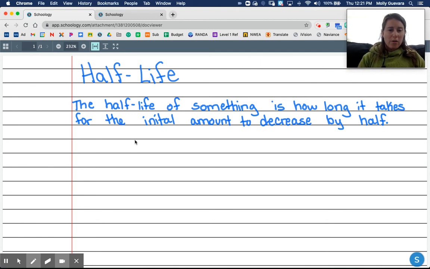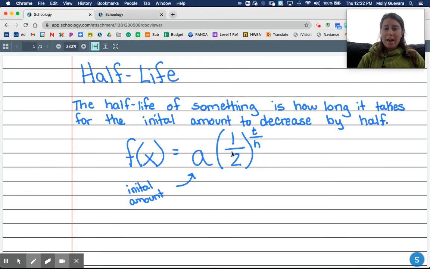Okay, so how it's normally written is f of x is equal to a times 1/2, because I want to decrease by 1/2, to the t over h. A is still your initial amount. 1/2 is there because I want to decrease by 1/2.